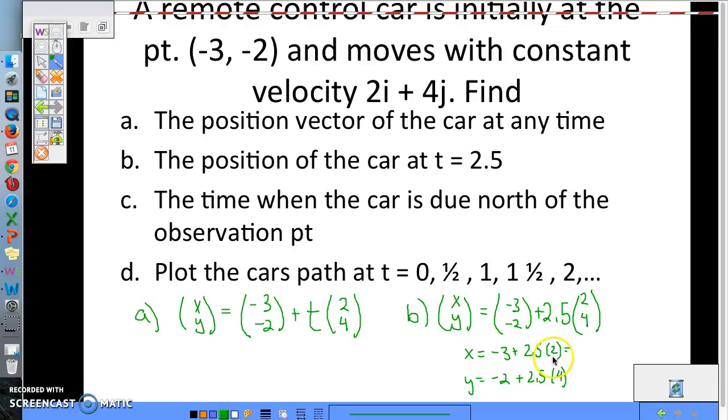Well, 2.5 times 2 is 5, plus -3 is 2, and for y, 2.5 times 4 is 9, minus 2 is 6. So it would be at the coordinates 2 and 6.